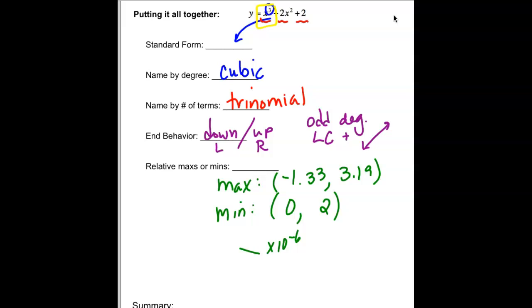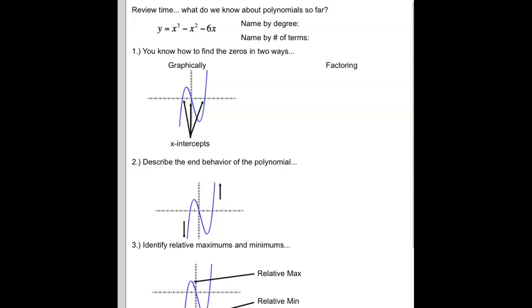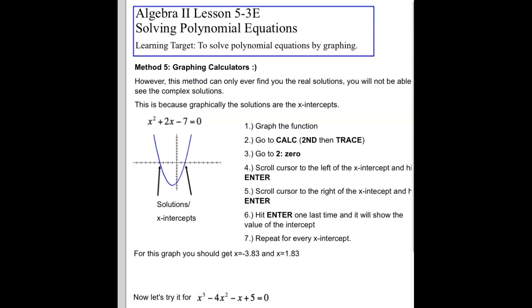All right, I am going to have you flip in your notes packet to section 5.3e. We're going to look at that real quickly today, or parts of it anyway, because what we've been doing today is finding max and mins, and the process here for finding zeros is the same thing.